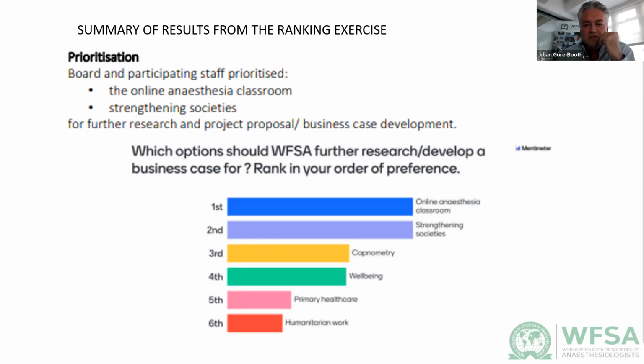And what that has allowed us to do also is to think very clearly around which areas we would develop more of a business case for and look at more closely, and which areas we wouldn't put that effort into. So it didn't decide completely, oh yes, number 1, we're definitely going to do the online anesthesia classroom. But what it did do is say, yes, okay, we are definitely going to put more effort into developing a business case for that option so that we can consider it more seriously. Next slide, please.